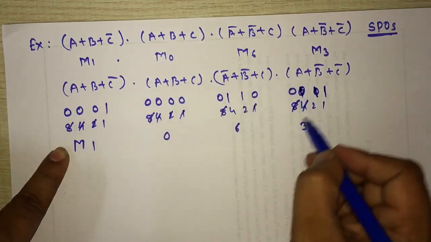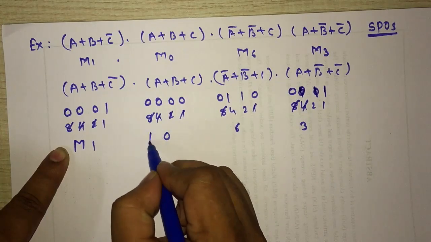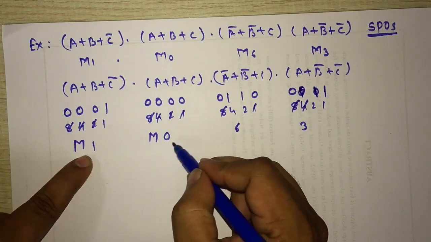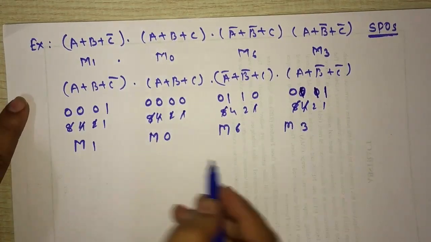I think this method is better because there is no need to remember the table again and again. Okay, so M1, M0, M6 and M3. So how do we write this equation?